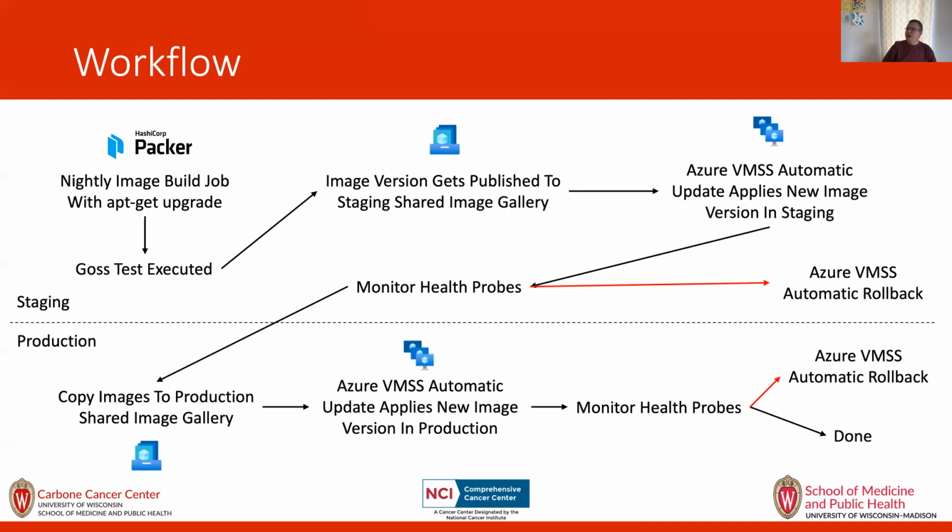As long as the health probes are successful and all the VMs have updated, then what we'll do is copy those images to our production shared image gallery. And what's critical here is that we're not rebuilding the images, but we're just making a copy of what we created earlier.